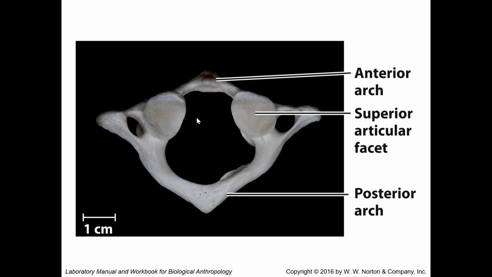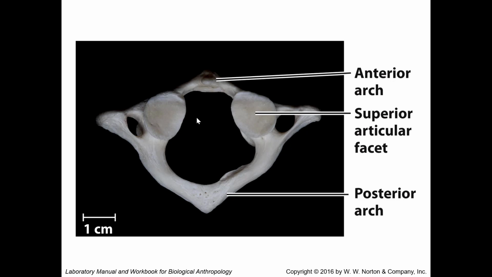Specifically going back to the C1, the superior articular facet and the occipital condyles are what allow the movement of the yes movement. So moving your head up and down is movement of the occipital condyles with the superior articular facets.